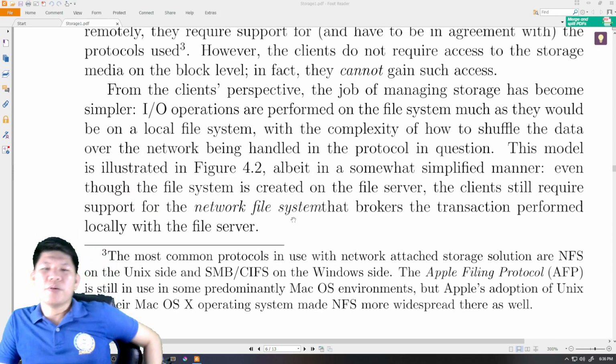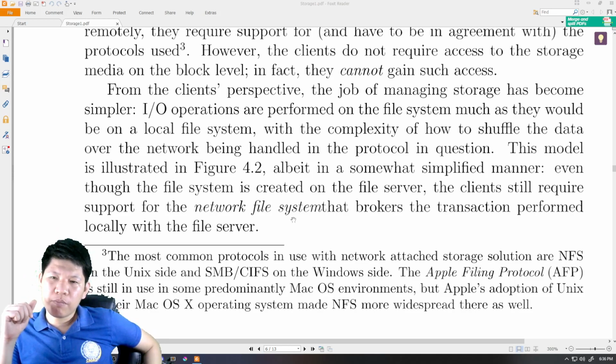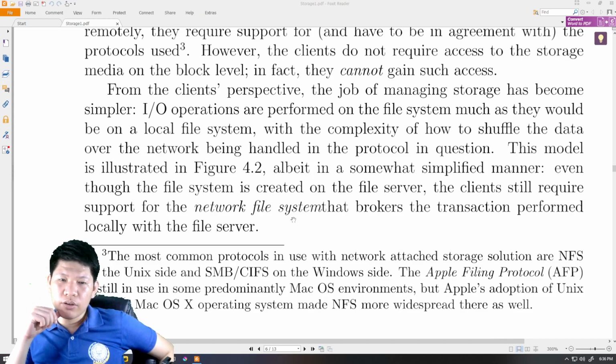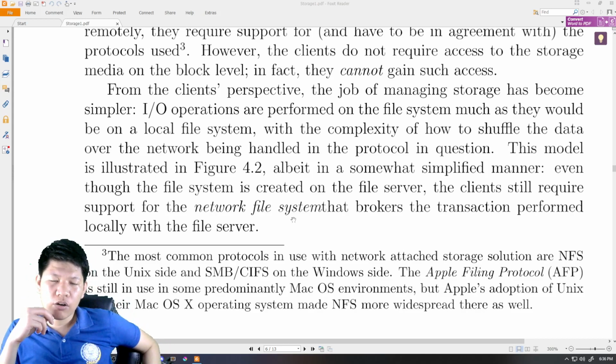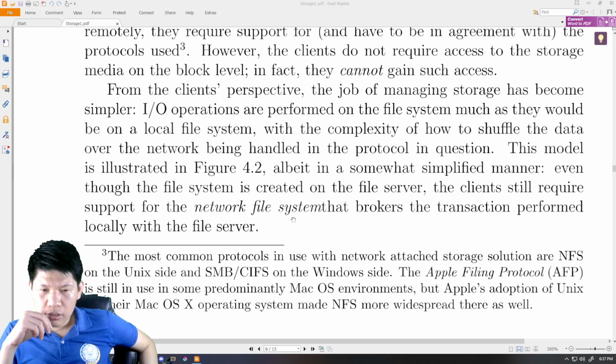From the client's perspective, the job of managing storage has become like managing a local file system, with the complexity of how to shuffle the data over the network being handled elsewhere.